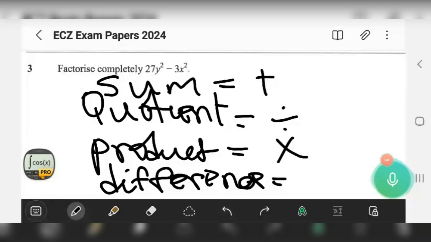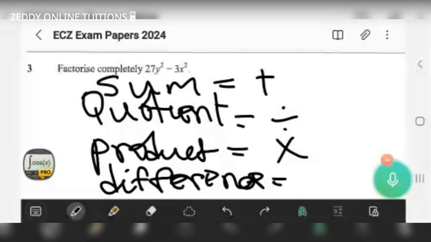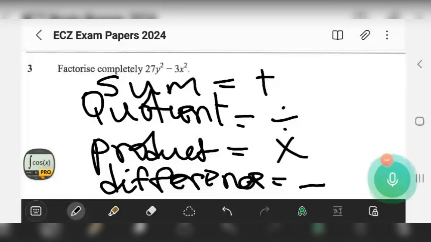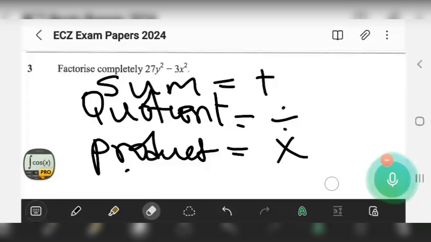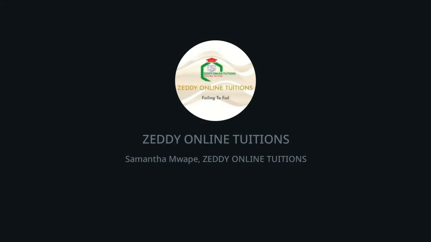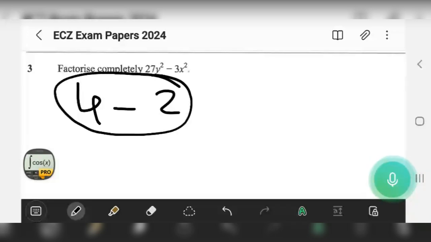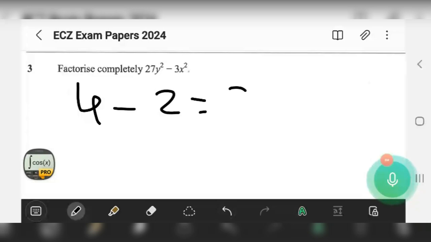It means subtraction. Exactly. I can even give you a practical example: what is the difference between 4 and 2? It's 2, which means you have to say 4 minus 2. You want to see the difference which is there between 4 and 2, which is 2. Is it making sense now?